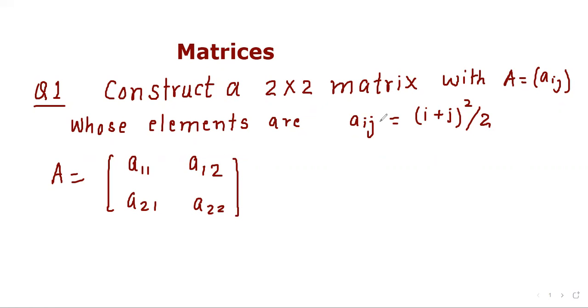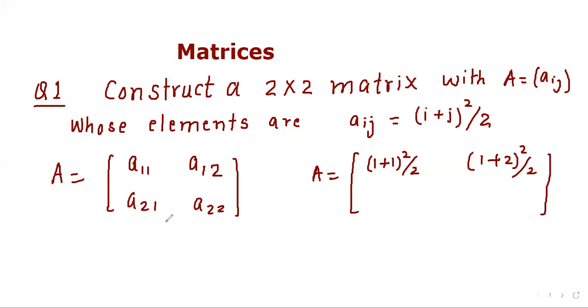Now, the required matrix will be A equal to: aij is (i plus j) whole square divided by 2, meaning (1 plus 1) whole square divided by 2, (1 plus 2) whole square divided by 2, (2 plus 1) whole square divided by 2, and (2 plus 2) whole square divided by 2.